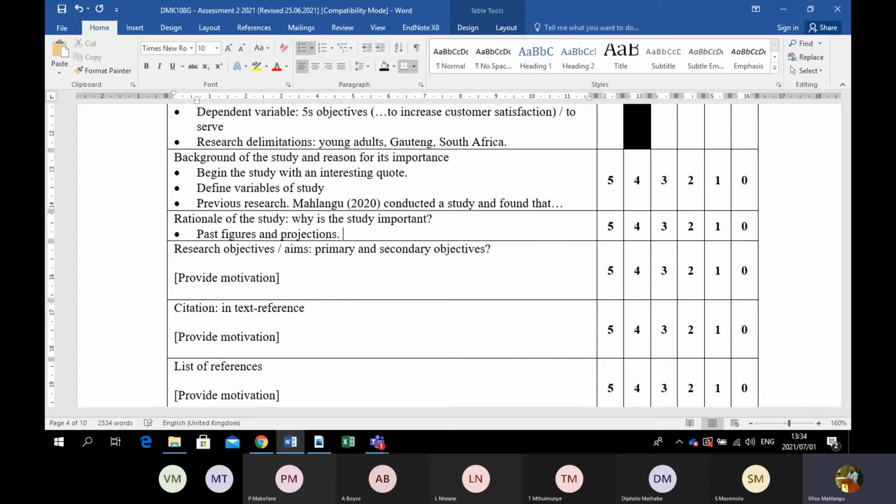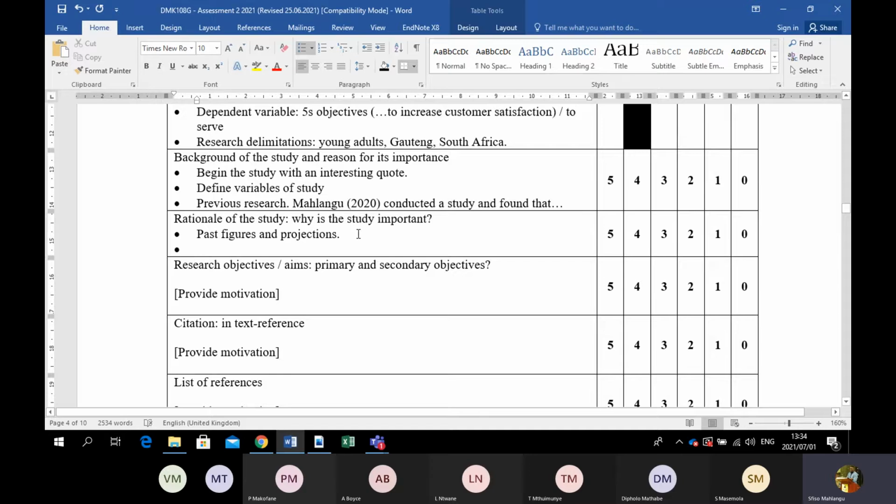So what it literally means is that in the past 5 years, how much revenues, e.g. it could be revenues, could be a market share, you will see that under rationale you are writing about why the study is important.